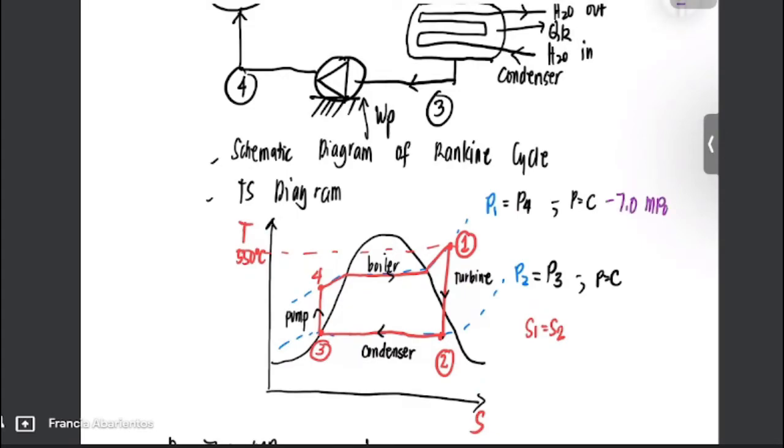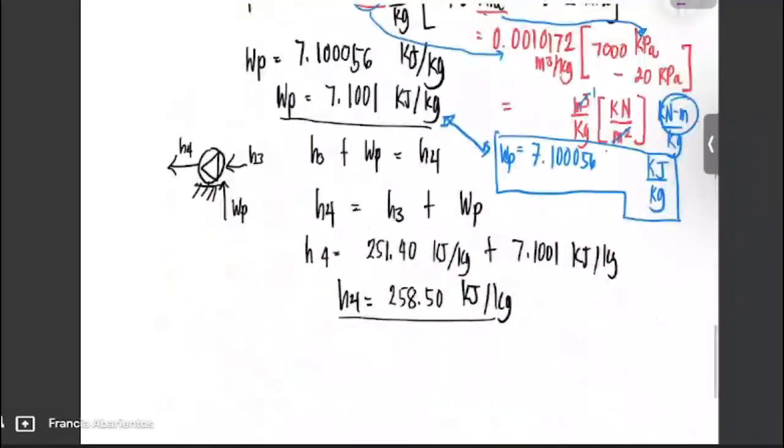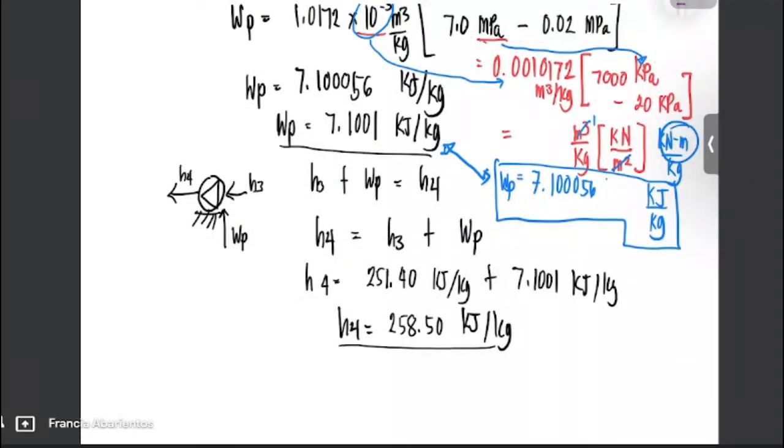This is 0.02 MPa or your 20 kilopascal. This is 7.0 MPa. Yan. Naintindihan po ba to? 258.5.